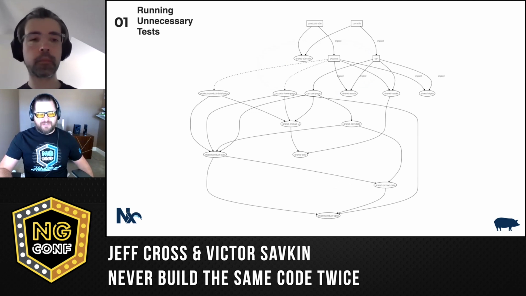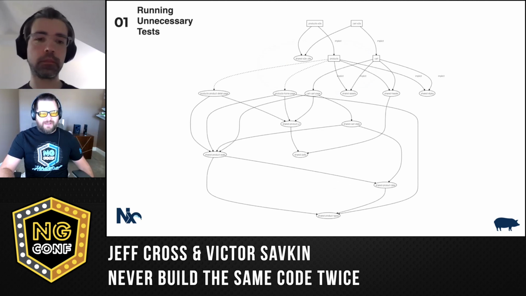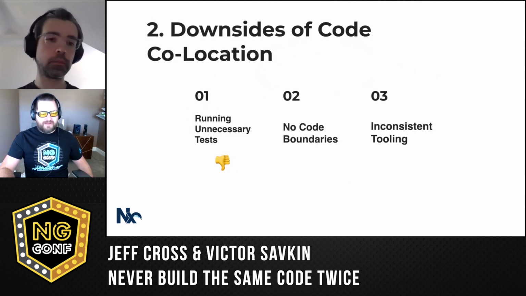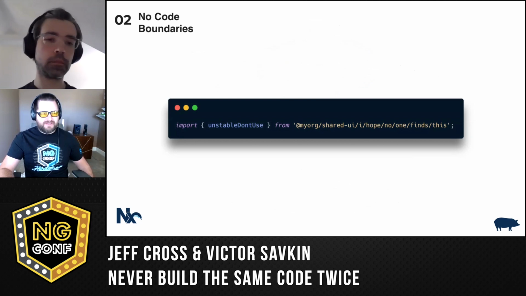If I touch the shared products UI, I don't need to test everything else in here, but if you have a naive setup, that's what's going to happen. You're just going to say, how can I know what needs to be tested? I'll test everything every time, which is bad. That's going to take a lot of time. Build time has a big impact on team productivity.